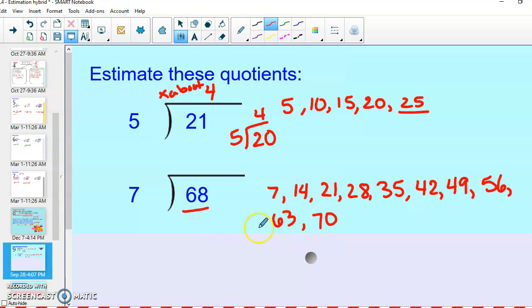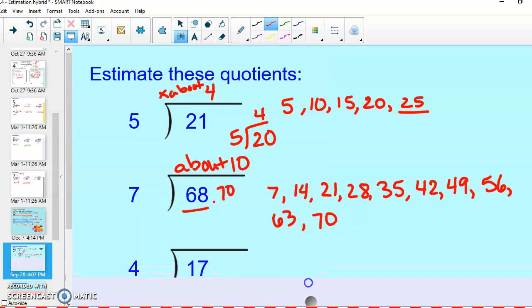Well, I feel like 70 is closer to 68 than 63 is. So I would say that this one is about 10 would be my estimated quotient. 68 is really close to 70, so I could estimate that the answer would be right around 10.